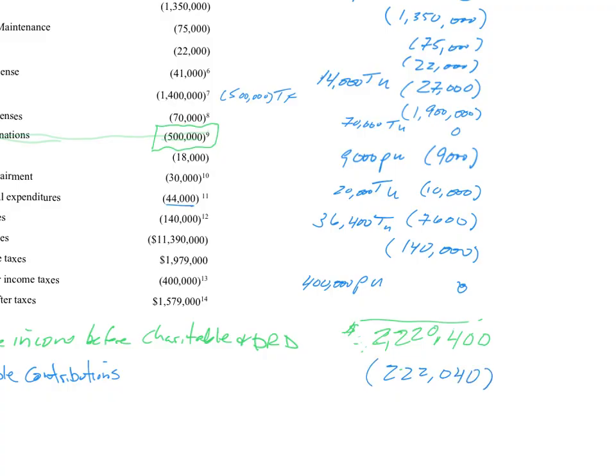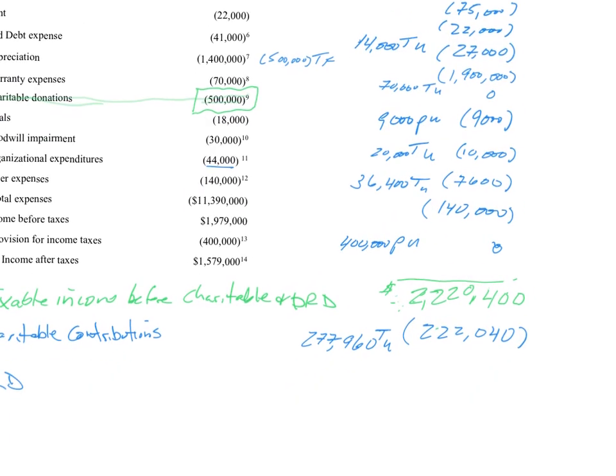Okay, that's our charitable contribution. And then what is our book to tax difference? Well, our book to tax difference is whatever it takes to get us from this $500,000 to that $222,040. So that's $277,960. That is a temporary difference, and it's unfavorable. All right, sorry for squishing it together there.